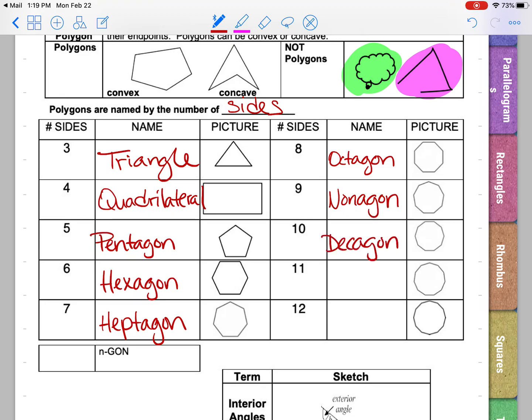I don't know why that rectangular box keeps popping up. Just ignore it. 11-sided is an undecagon. And 12-sided is a dodecagon.